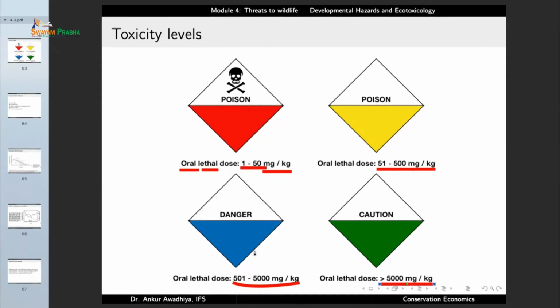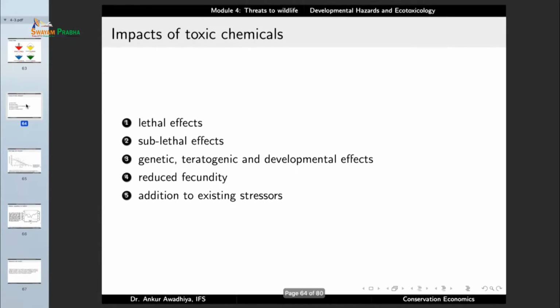In the case of those chemicals that have less toxicity, in a number of cases we will observe a chronic toxicity, which means that if these chemicals are released into the environment, they will slowly act and produce their side effects. So it will act over, say, many months or many years, and in that case, we will say that it is a chronic toxicity which occurs over a large period of time.